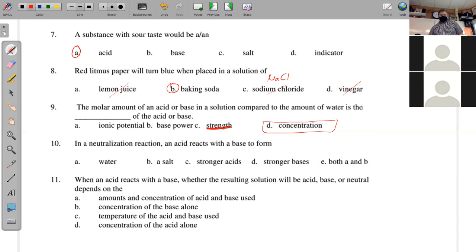In a neutral reaction, an acid reacts with a base to form water. That's true. And also a salt. So it is both A and B, so E is the right answer.